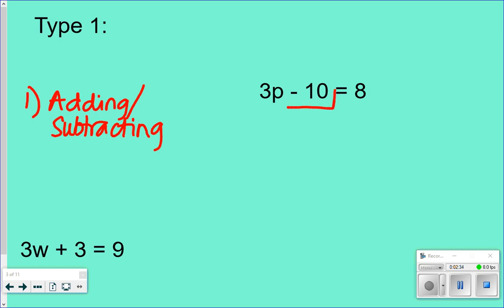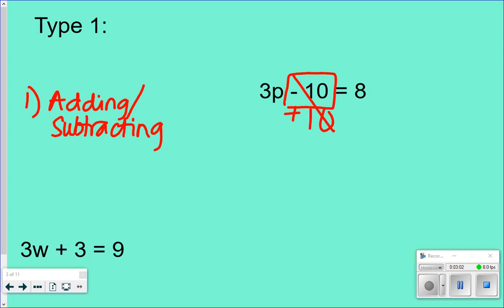So I need to figure out how to get rid of that from that one side, because my goal is to get p by itself, so I have to get rid of the minus 10, and I have to get rid of the 3. So what can I do to get rid of this 10, Ethan? Add 10 to it, okay? So this is what it needs to look like. Plus 10, cross out. Now you have to show the steps, because if you don't, you're going to be confused for the next 6 lessons that we have.